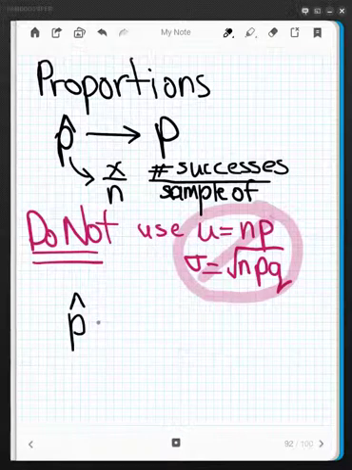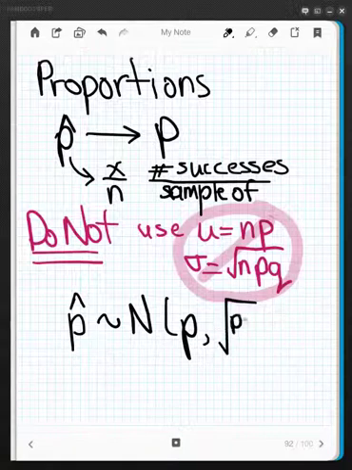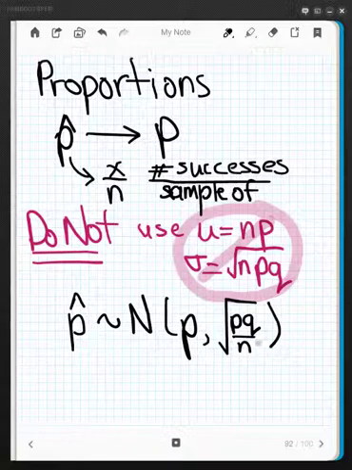The p-hats are distributed normally with a sample proportion that is supposedly equal to the population proportion here, and the standard deviation, or the standard error, is the square root of p times q divided by n. That's how these things are distributed, not with these. They are not the same thing. This is for one single, this is for multiple. Central limit theorem idea there.